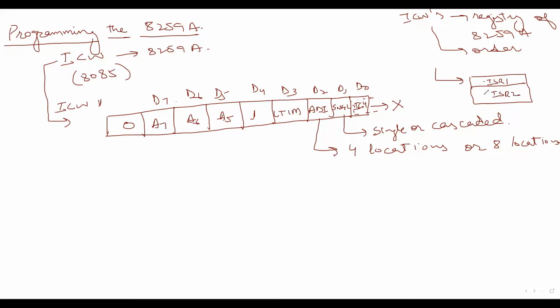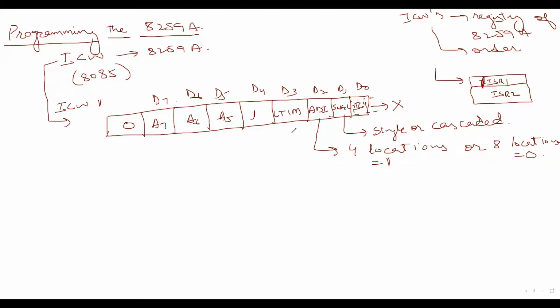What is the difference from ISR 1 to ISR 2? Or we can say how many locations are occupied by ISR 1. If it occupies 4 locations, I will use 4 locations. If 8 locations, I will use 8 locations. So if my ISR is 4 locations, this bit will be 1. If it is 8 locations, this bit will be 0.